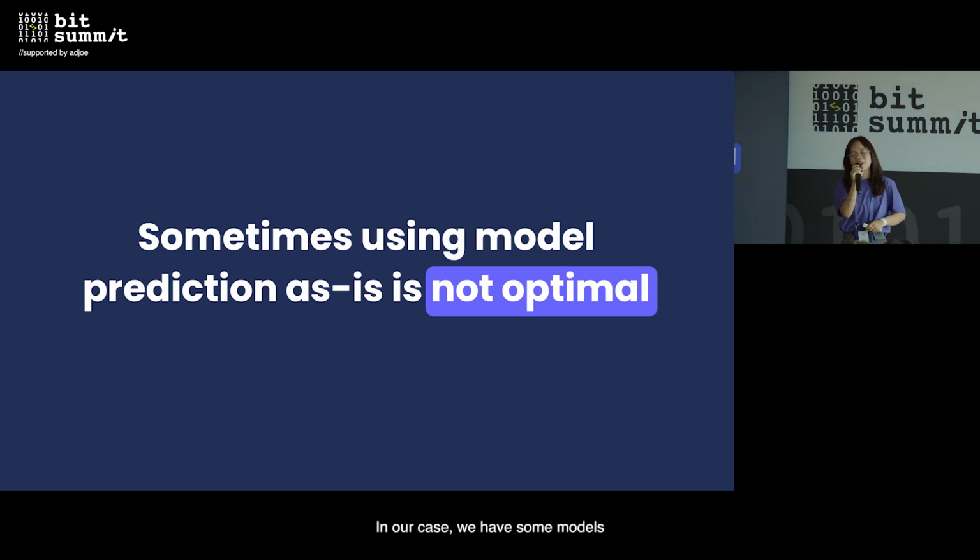In our case, we have some models that predict the values of the ad impressions, but the optimal action is not using them as is. We could use them as a second layer of optimization for our BP model, so that we could both win the auction and try to make a profit from it.